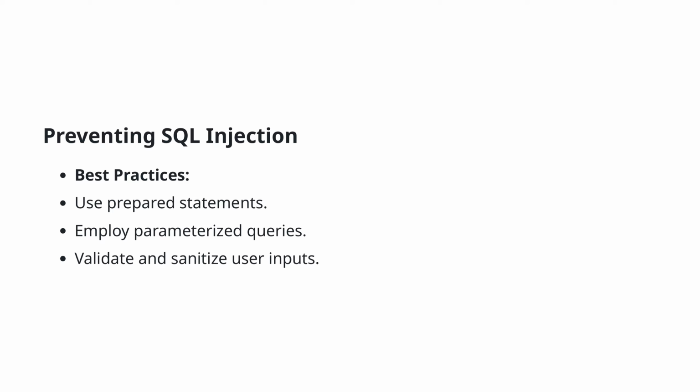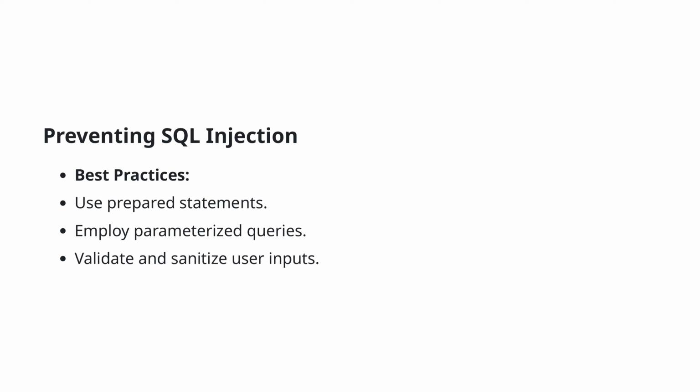To prevent SQL injection attacks, it's essential to adopt certain best practices. Firstly, use prepared statements. These ensure that SQL queries are structured in a secure manner by separating the data from the code, making it impossible for attackers to manipulate the query. Additionally, employ parameterized queries. By binding user inputs as parameters rather than embedding them directly into SQL statements, you effectively safeguard against manipulation.